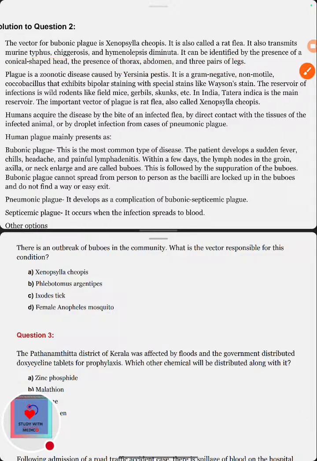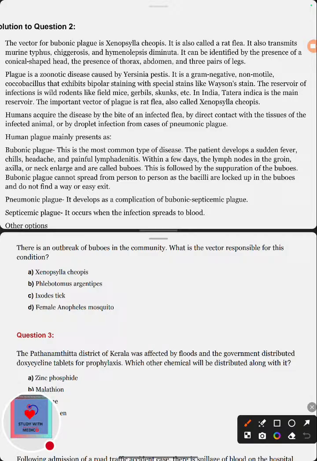Plague is a zoonotic disease which is spread from animals, caused by Yersinia pestis. Yersinia pestis is gram negative and non-motile. It is a cocobacillus. It looks like a bacillus as well as coccus, round as well as short shape.